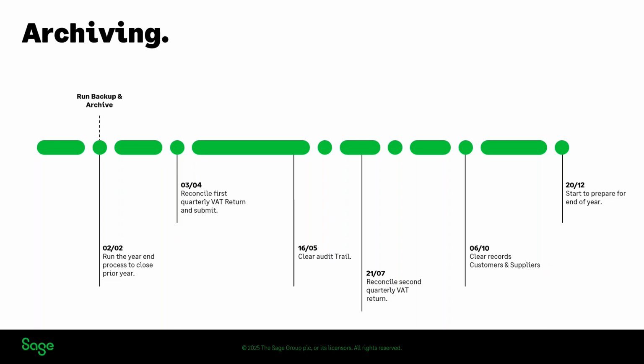So when you're doing the year end process, you'd run a backup and an archive. When you're just doing a VAT return, just a backup is fine. If you're going to run a clear audit trail a few months after your year end, you might want to run a backup and an archive.